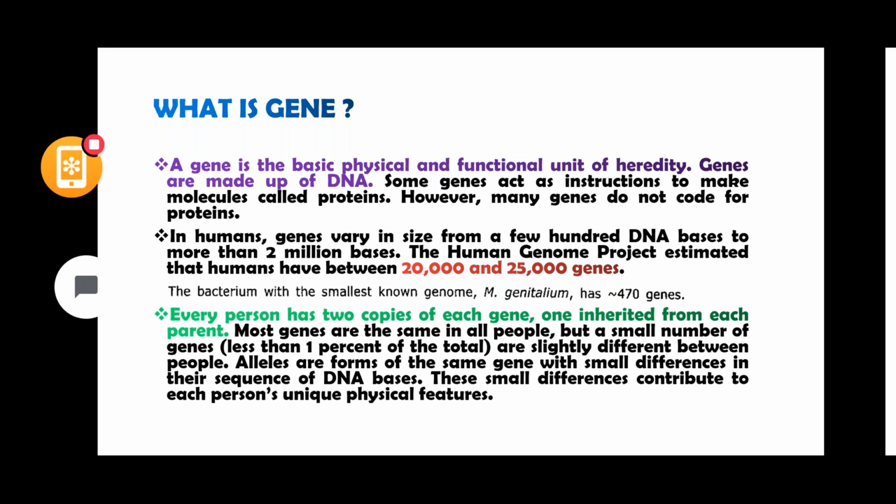These small differences contribute to each person's unique physical features, like some people having red eyes and some having slightly brown eyes. These features come because of this 1% difference in the gene sequences. Next slide.